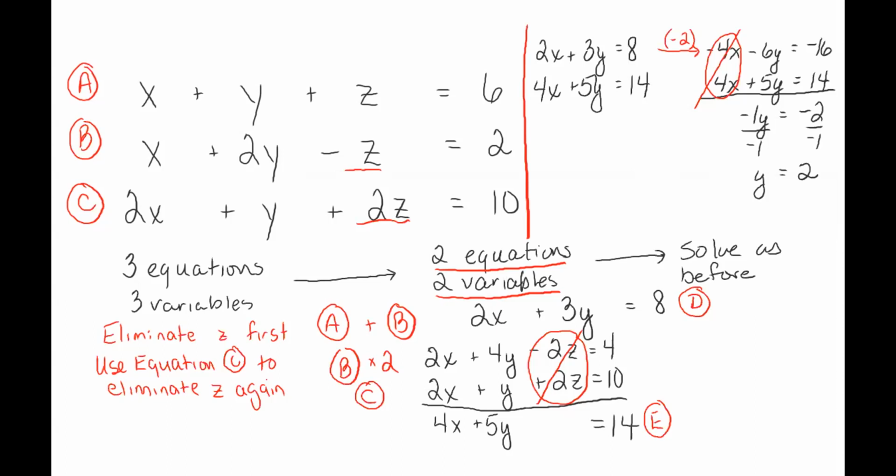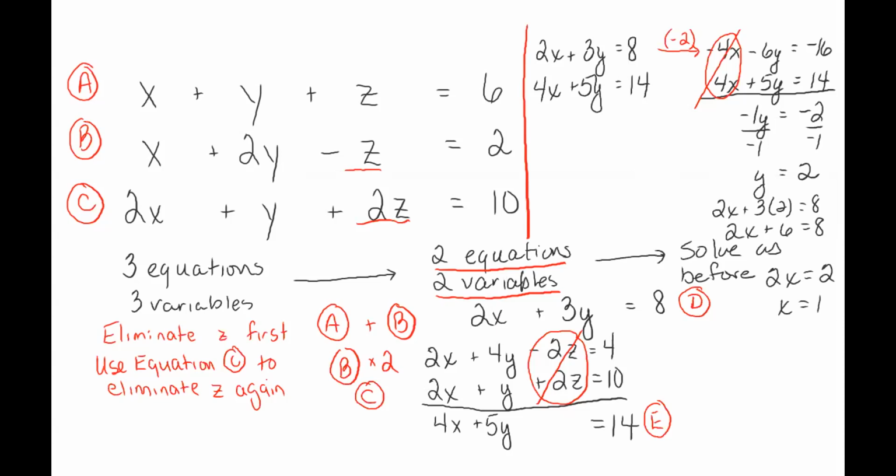Once we get to this point, we're really close to our solution, because all we need to do is some substituting. We're going to plug in our y equals 2. 2x plus 3 times 2 equals 8. So 2x plus 6 is 8. 2x is equal to 2, and x is 1.